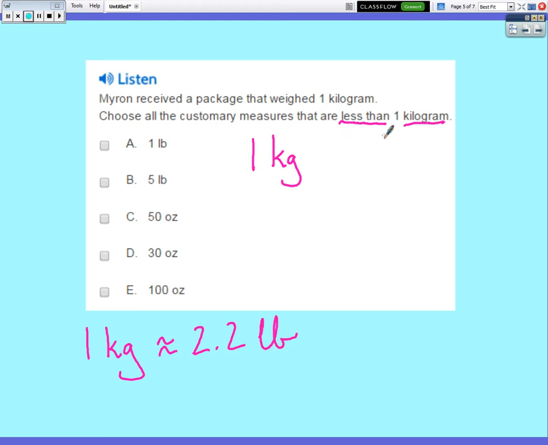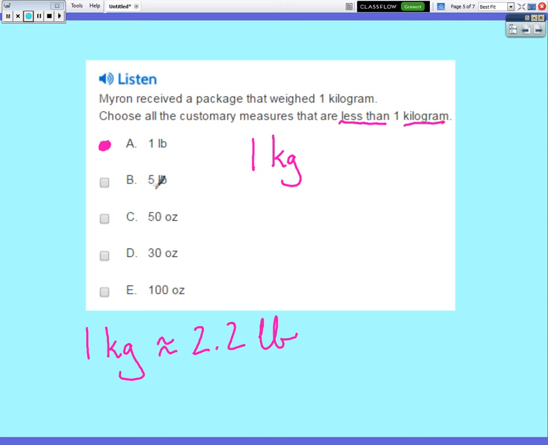So it says choose ones that are less than this. If 1 kilogram is 2 2/10 pounds, that would make sense then that 1 pound is less than 2 2/10. So we're good with this.